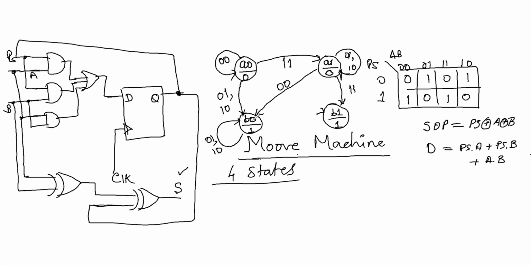So since partial carry is 0, 0, 1 makes sum as 1. So output is 1, partial carry is 0 in both the cases. If I have 0, 0 and partial carry is also 0, so what I get is sum is 0 and your partial carry is also 0.